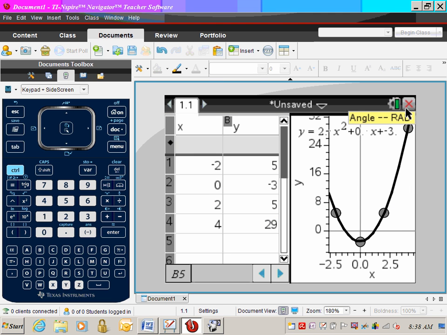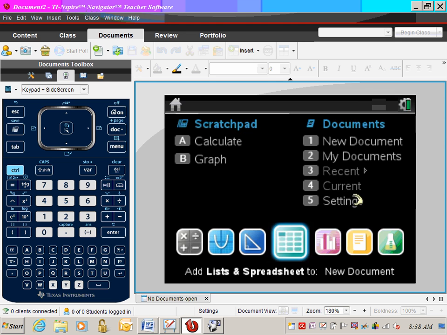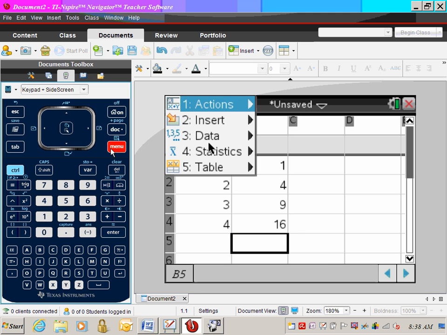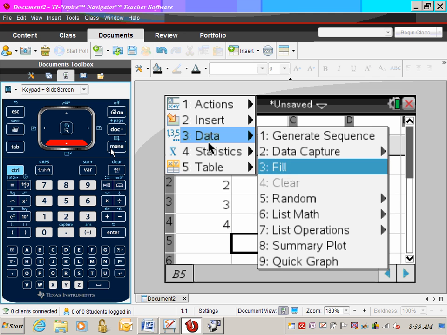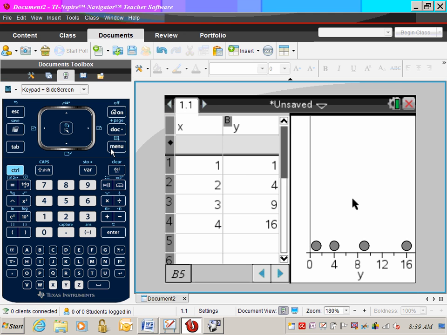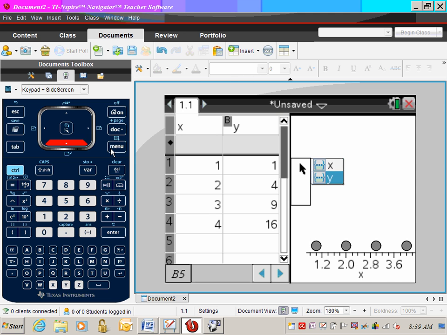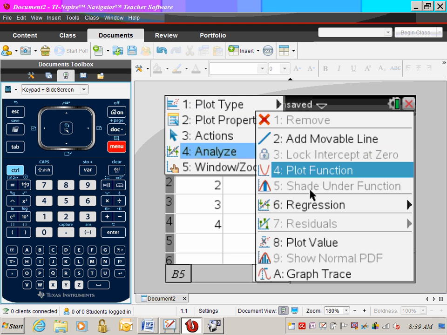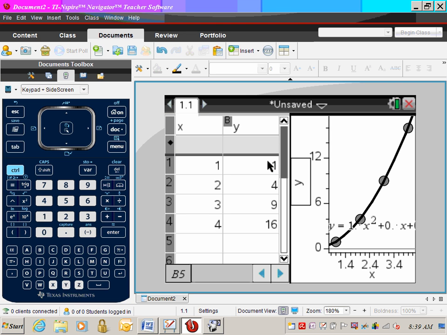Make sure you're clearing your calculator before you put in new information. Okay, what was the equation?